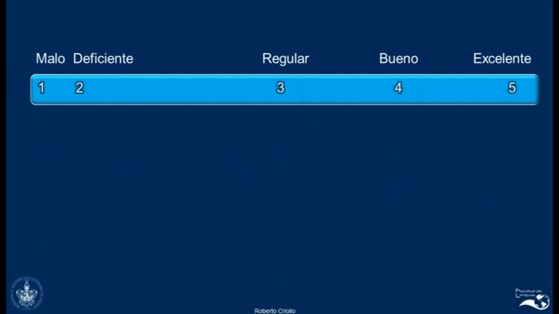So, a scale of this kind will be like that. Malo and deficiente are very similar, so we don't know the difference between deficiente and malo, and therefore we have a problem here: there is a very small distance between the first and the second unit, but a long distance between the second and the third. So we need to be very precise.